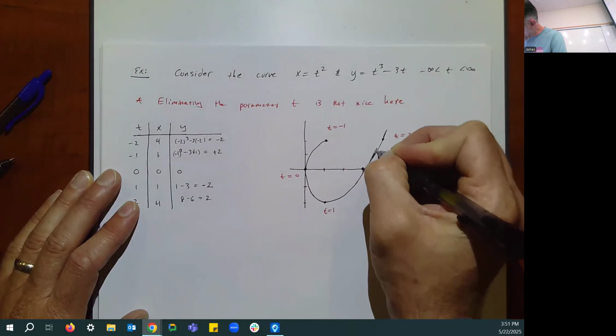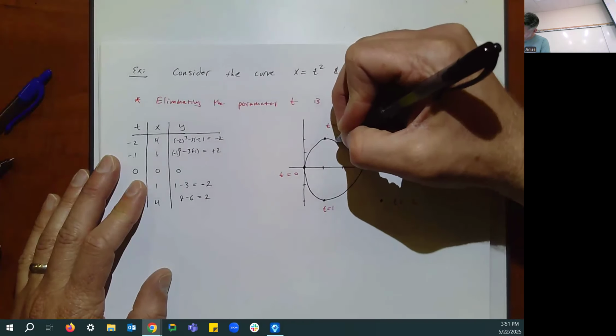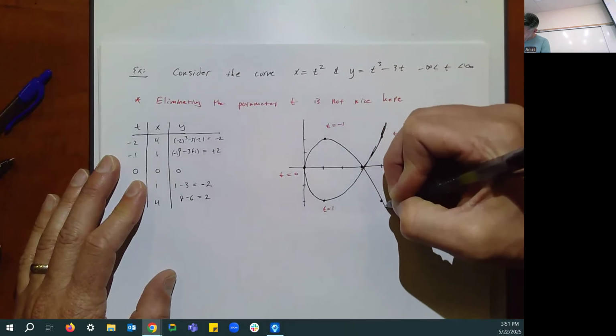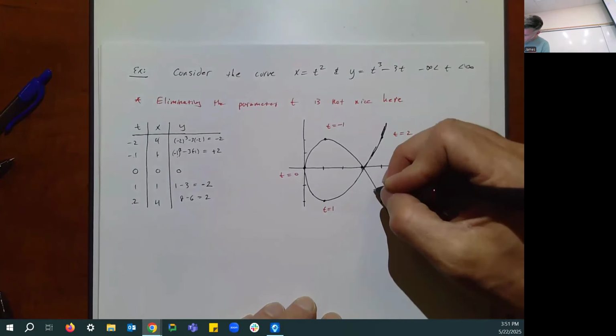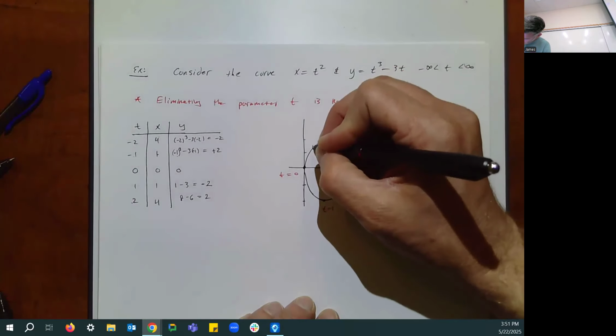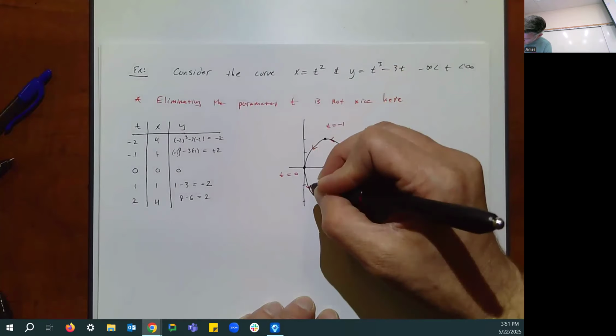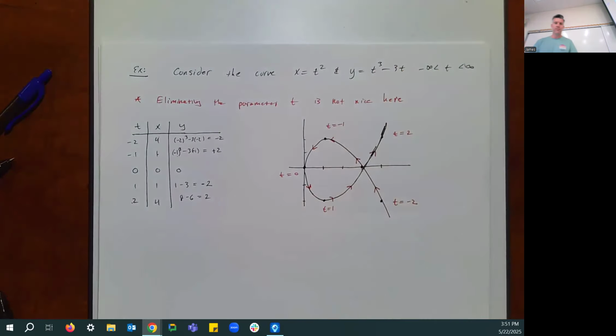It's a little straighter than I meant it to look there. And it should be symmetric about the x-axis. And we're going this way. Cool.